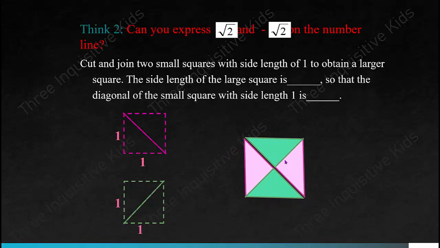So what is the diagonal of each of the small squares? It would be the square of 1 plus the square of 1, which is 2, and then the square root of that, which is the square root of 2. So that would fill in the blank right there. Okay, so those are equal.